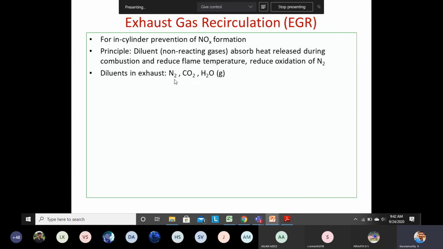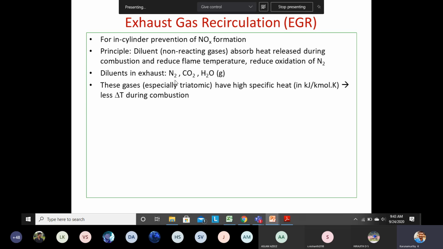These two are the major diluents, right? And the water vapor. So after the catalytic converter, we are going to have the nitrogen, carbon dioxide, and the water vapor. So we are going to allow this into the intake manifold, right? So when you allow this into the intake manifold, the carbon dioxide, this is a triatomic molecule because two atoms of oxygen and one atom of carbon are available.